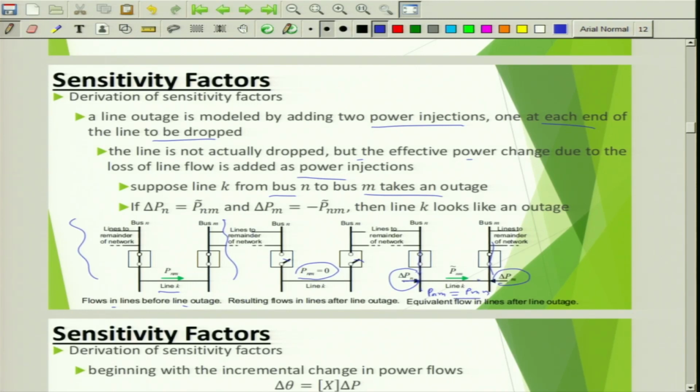PNM is equal to minus PMN, right. That is what we are saying here. Delta Pn is equal to the change in flow PNM cap, and delta Pm is equal to minus PNM cap. Then line K looks like an outage. This is how we represent any line outage.